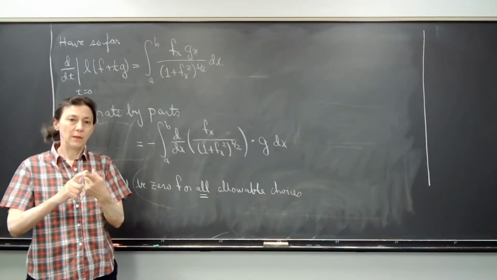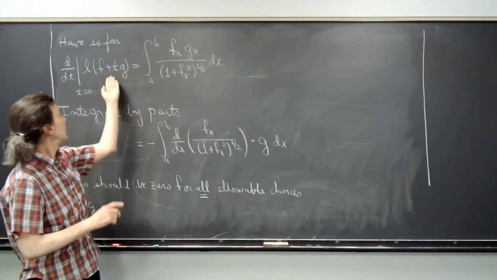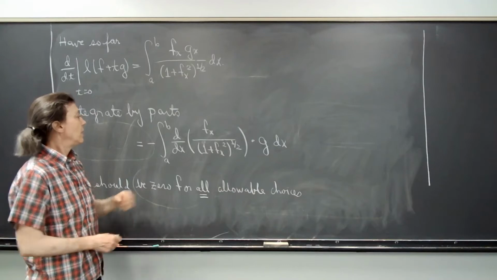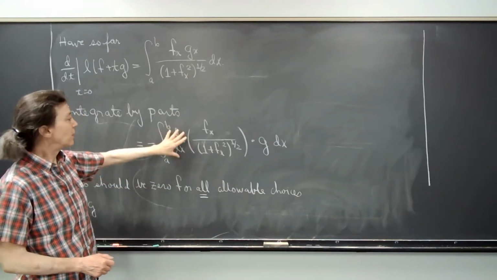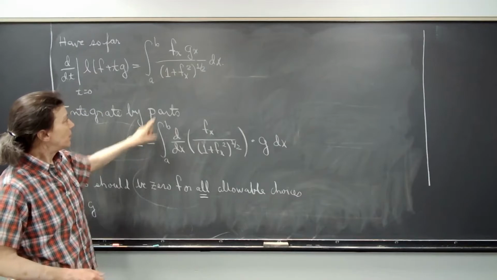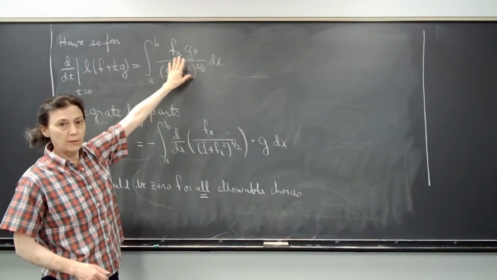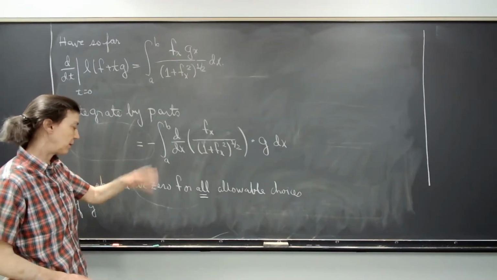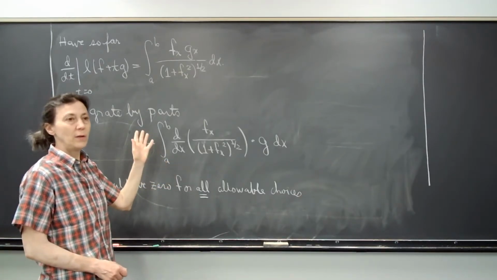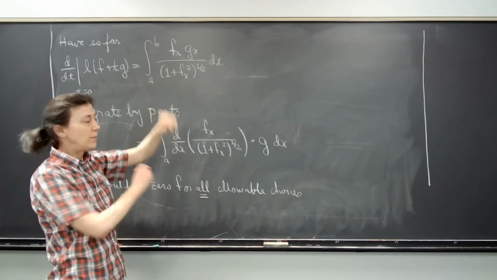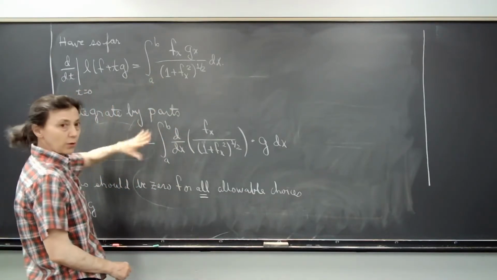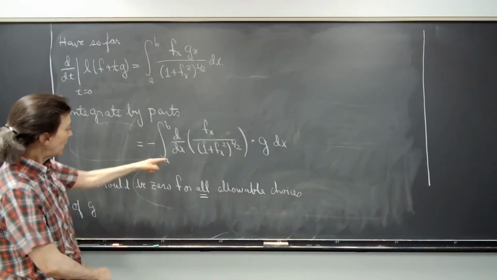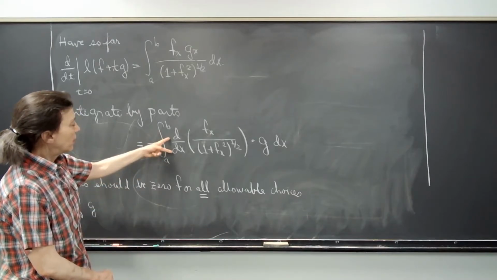First of all, without that, this new function would not be a graph between the same 2 points. Now you're using it a second time in your calculations. It's because g is 0 at the endpoints that I don't pick up any boundary terms. Remember, in your integration by parts, you have uv at the boundary minus the integral of v du. There are no boundary terms because g is 0 at both boundary points. Okay, so then you've got this.